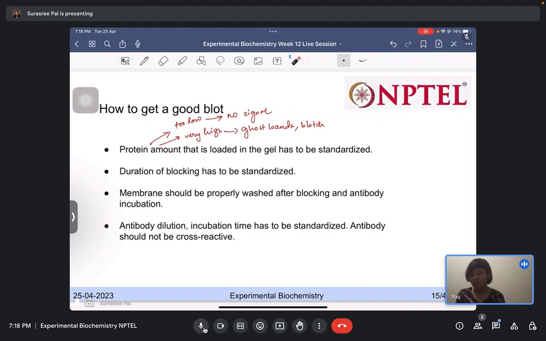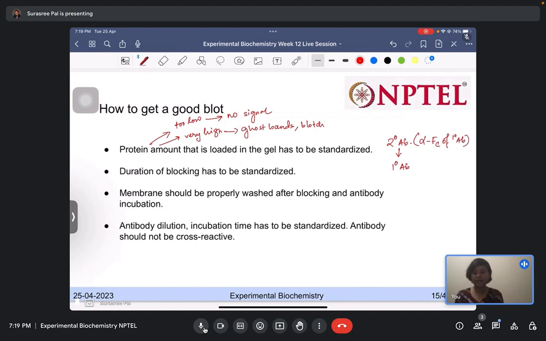And the antibody should not be cross-reactive, which means that the secondary antibody should only be able to detect the primary antibody. So the secondary antibody should only be anti-Fc of the primary antibody.